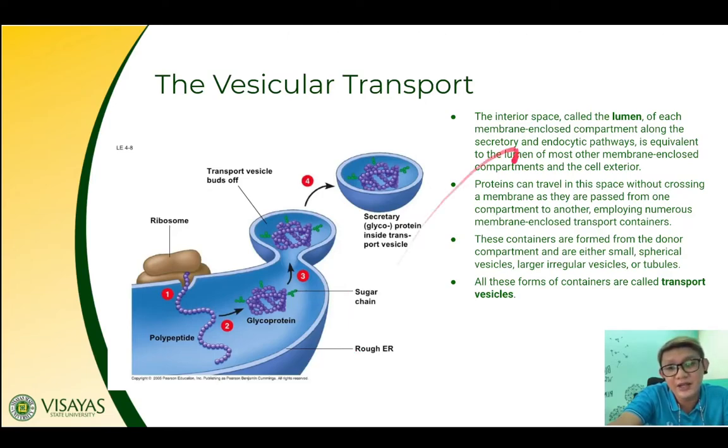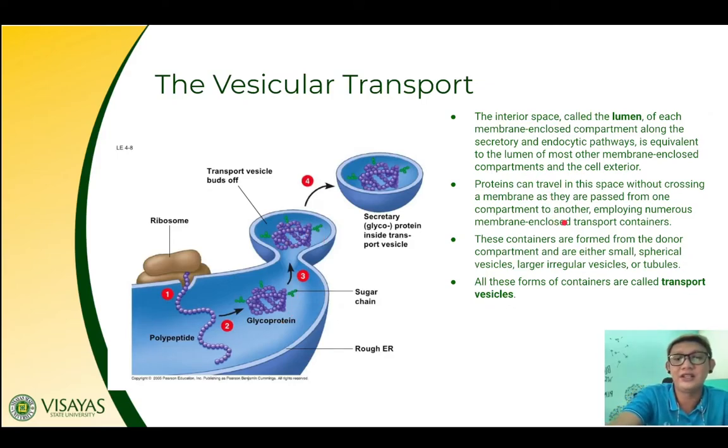So the interior space, called the lumen, of each membrane-enclosed compartment along the secretory and endocytic pathways is equivalent to the lumen of most membrane-enclosed compartments, topologically outside the cell. So they are almost the same. You have here the lumen of the ER, which is the same as the lumen of the Golgi apparatus and other organelles. This is also the same with the lysosomes and so on.